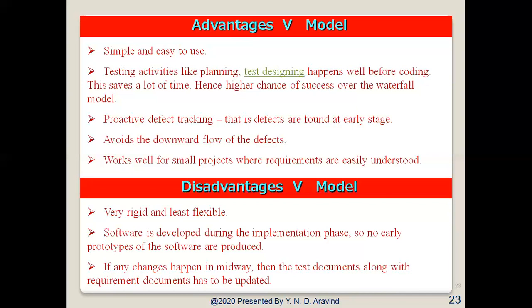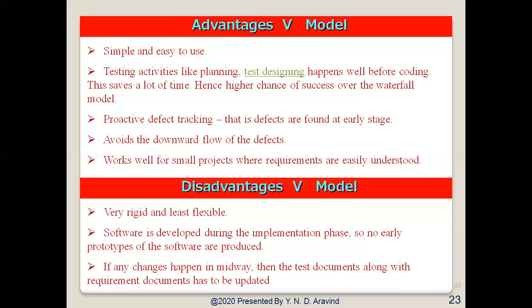So where can we use this V model? The V-shaped model should be used for small to medium sized projects where requirements are clearly defined and fixed. In these cases we can go for the V model.